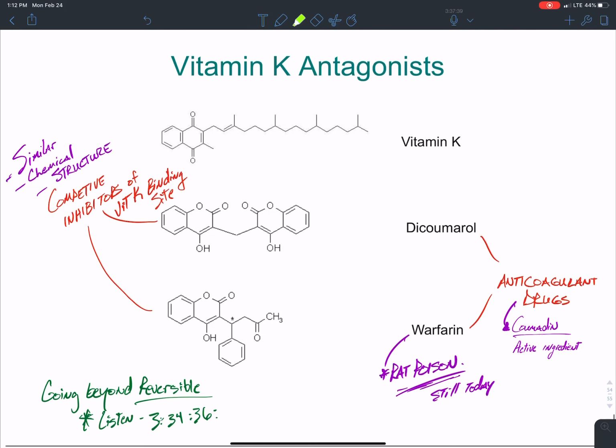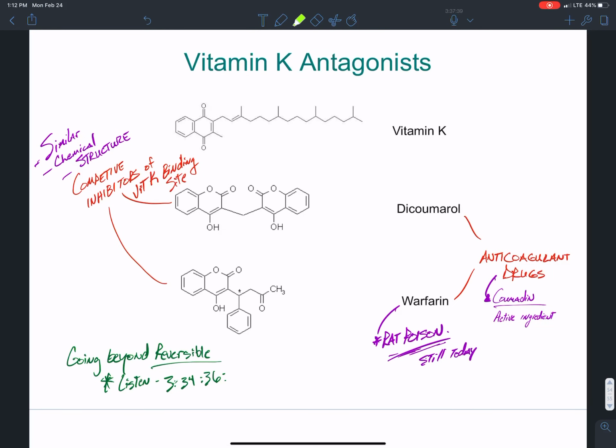Vitamin K. So here are some vitamin K antagonists. Right, we have dicumarol and warfarin. Warfarin is actually rat poison. It was developed to kill rats, basically clot them up and cause them to die.